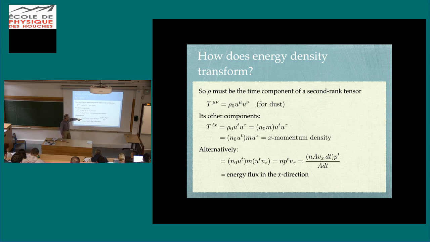On the other hand, we could regroup the terms that we've got here and connect them in a different way and say this is still the number density, and instead of u^x, I could write it as u^t times vx, and then group these two terms together. That's energy. So this is the energy of the particle. This is the number density of the particles.